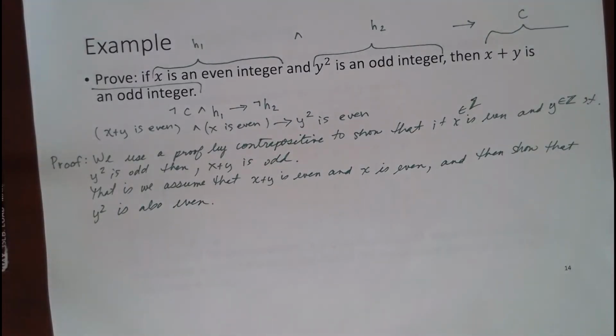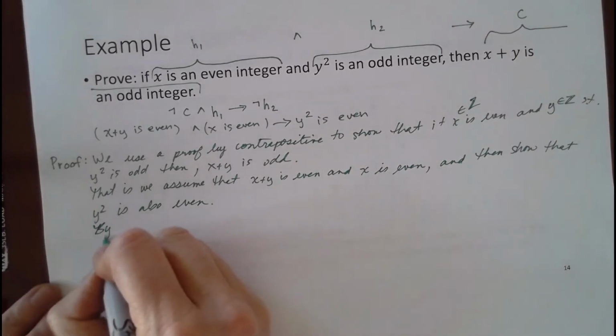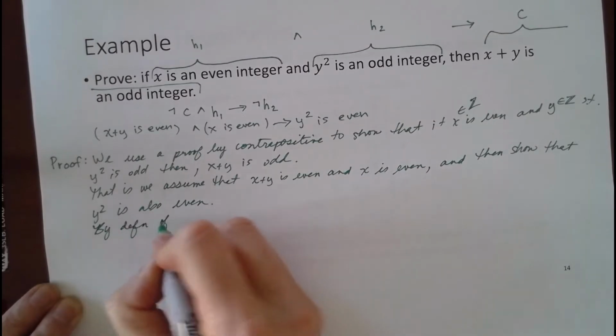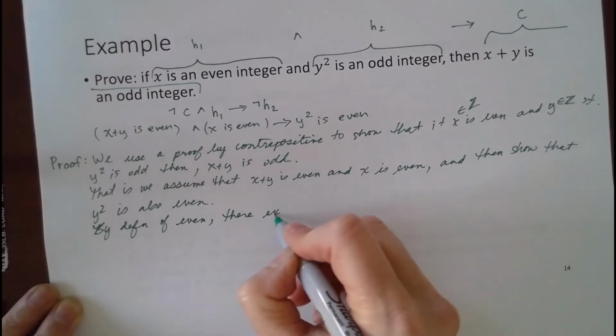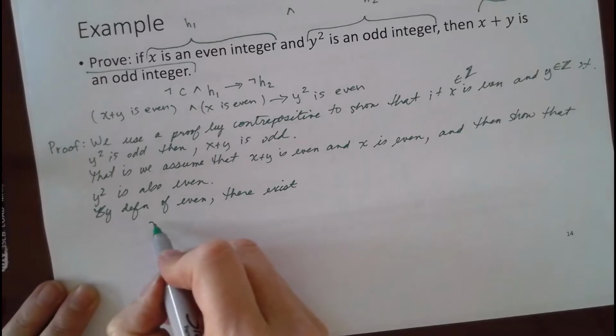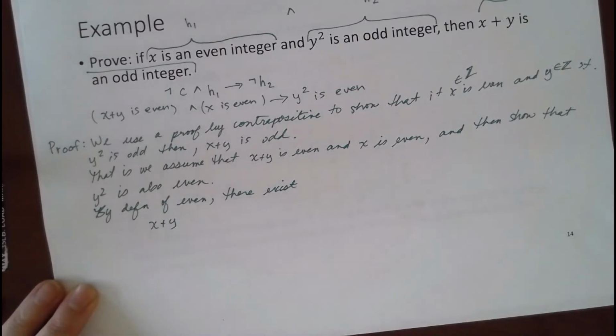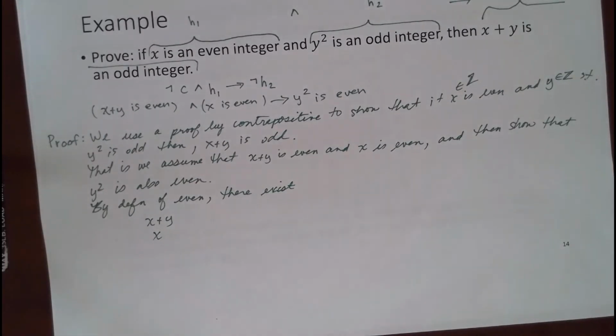Okay. All right, and you know how it goes. X plus y is even. Okay, so by definition of even, there exist. Okay, so we know that we're going to want to do something for x plus y, and we know that we want to do something for x. And here's the trouble that some people ran into on the test, is they're like, oh, x plus y is even, so it has to be 2k plus 1.